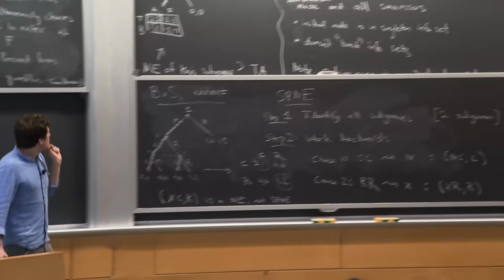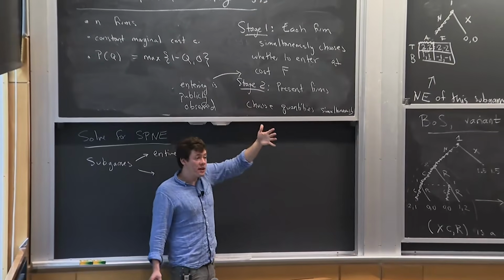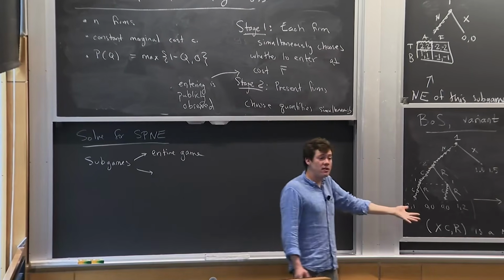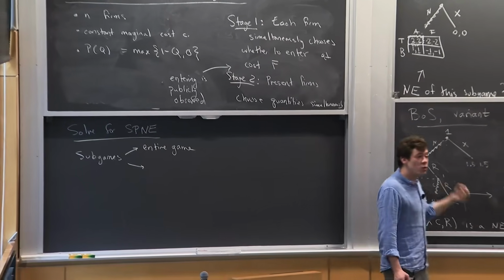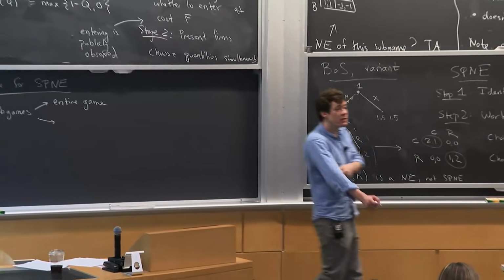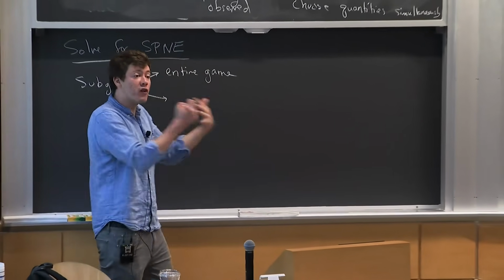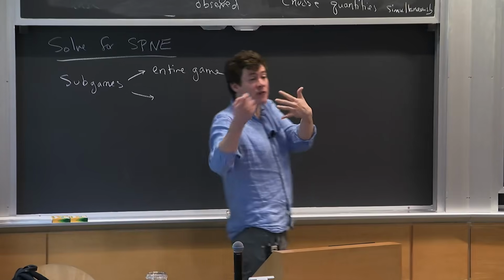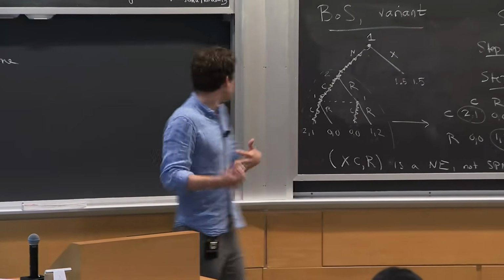So what is observed? Well, here, what is the history at stage 2? Well, what we know at stage 2 is which firms have entered and which firms haven't. And in fact, each of those histories will start a different subgame. So in fact, the subgames are going to be parametrized by the set of firms who entered. I don't have to specify who didn't enter because that's just everyone else, right? Once I know who entered, I know who didn't enter.